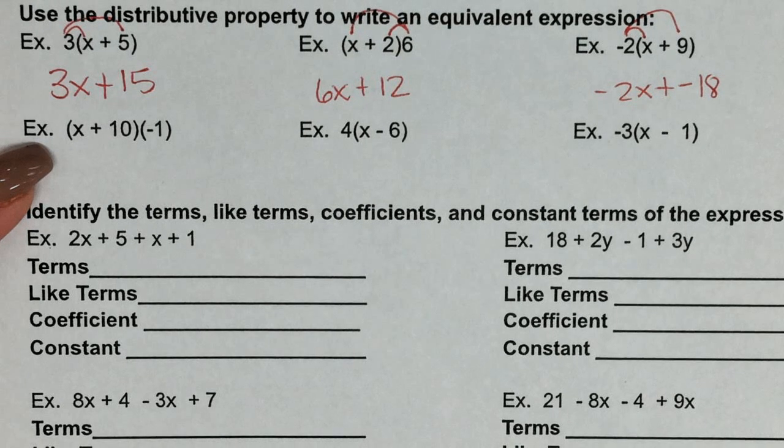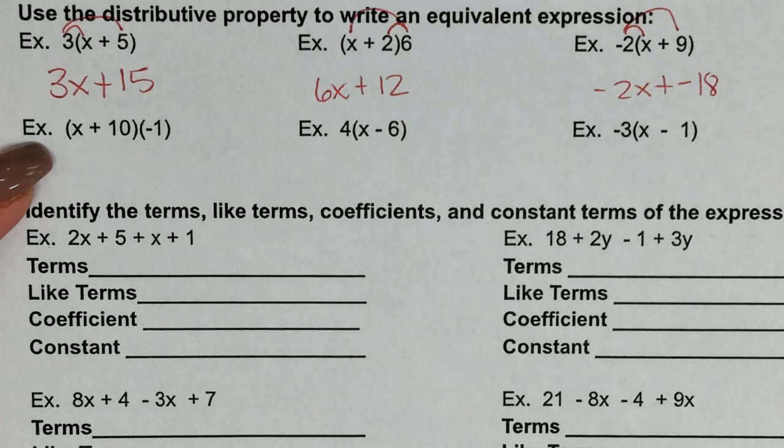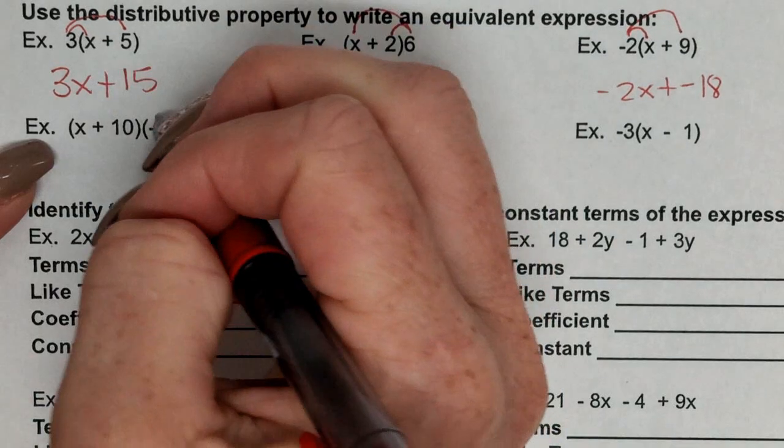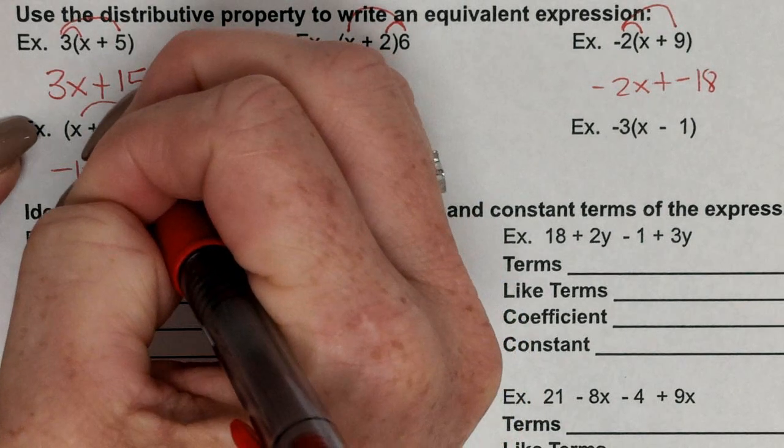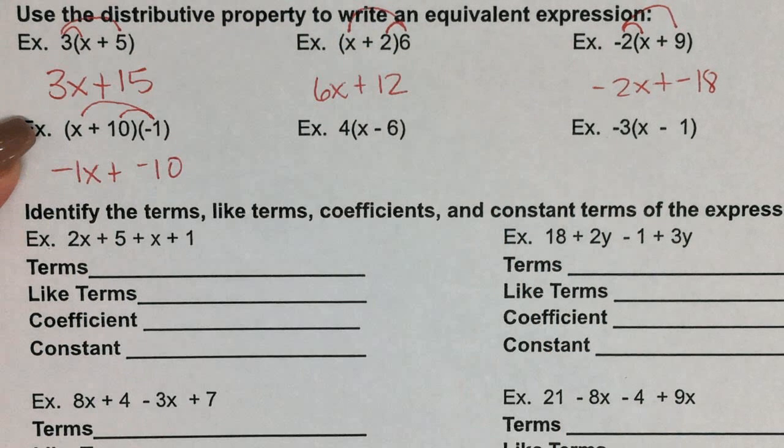Okay, don't work ahead, just do these 3. All right, negative 1 times x is negative 1x, plus negative 1 times 10 is negative 10.